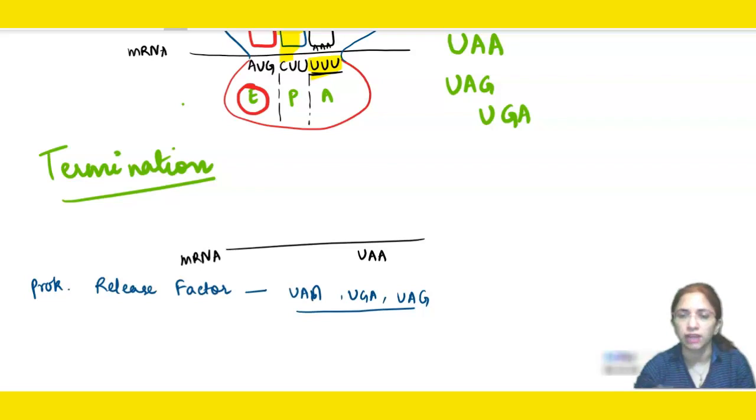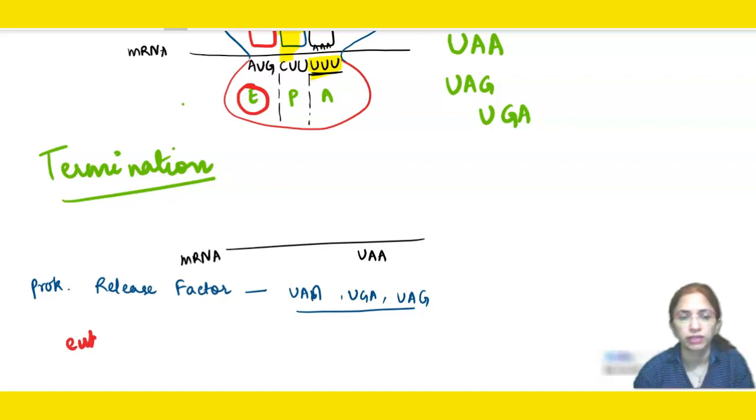This release factor will release the ribosomes so that they are freed. Once they are dissociated into the larger and the smaller subunit, they are no more functional. So messenger RNA will be freed, and ribosomal subunits will dissociate. Transfer RNA has not come because there is no amino acid for these terminating codons. So all the things that united will be dissociated, and this will bring a halt to the translation process.